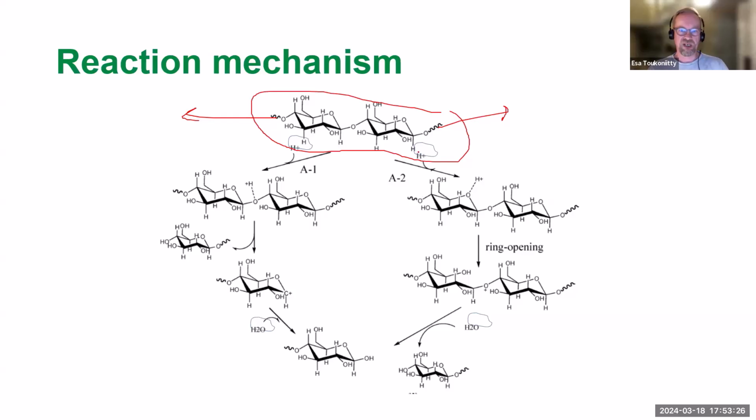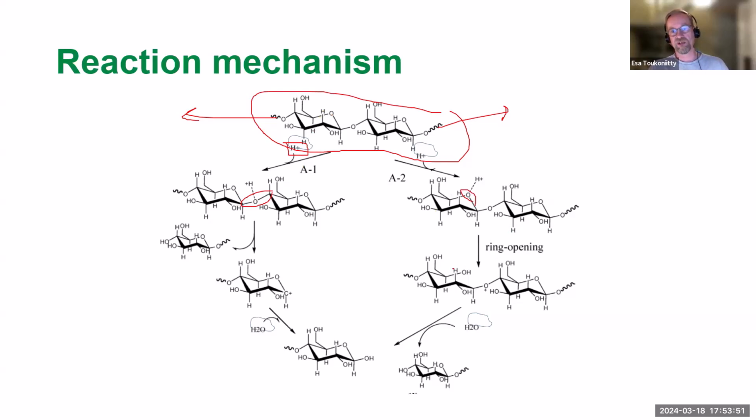So when you treat with acid, this H plus refers to acid, and it can attack two different places in the structure. It can attack this ether bridge between two monomers, or it can add inside this molecule, this ether bridge.